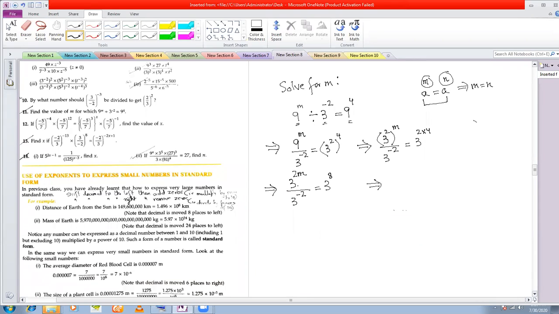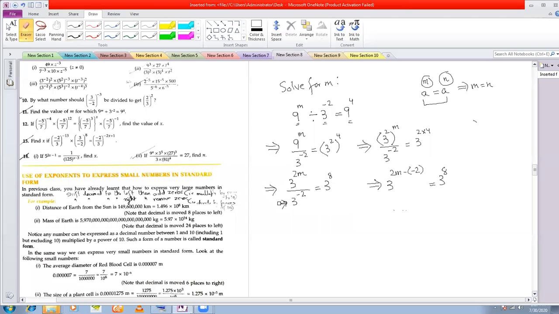Now see, this is a to the power of m by a to the power of n, which can be written as a to the power of m minus n, equal to 3 to the power of 8. I don't understand this one. Which step? The step where I put the arrows.